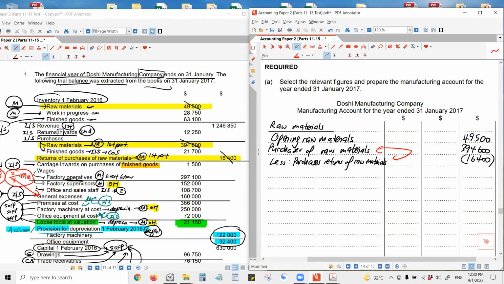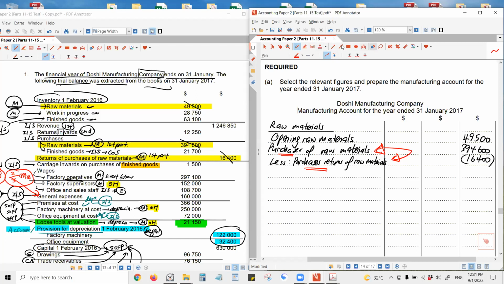It doesn't make a difference to the final answer, right? But logically, we should have purchases first, then only we minus purchase returns. Whether you would still get the mark or not if you switch the position between these two, I'm not too sure. So for safety purposes, better to start with purchases first though. Okay, then purchase returns.